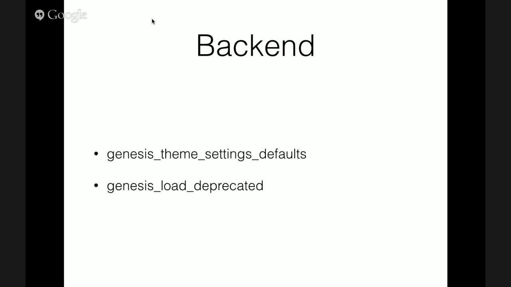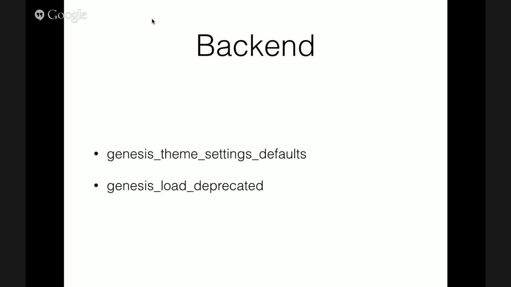Then there's some backend filters. Some backend filters are genesis_theme_settings_defaults. I actually love this filter. I've used it many times. I've used it in some larger projects where there's multiple sites that I need to set up, and they're all sharing the same exact theme settings.